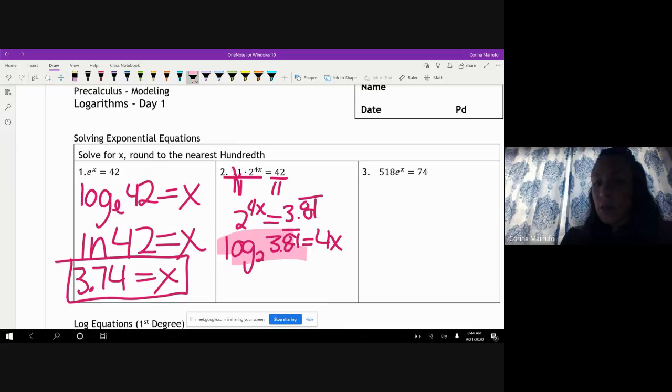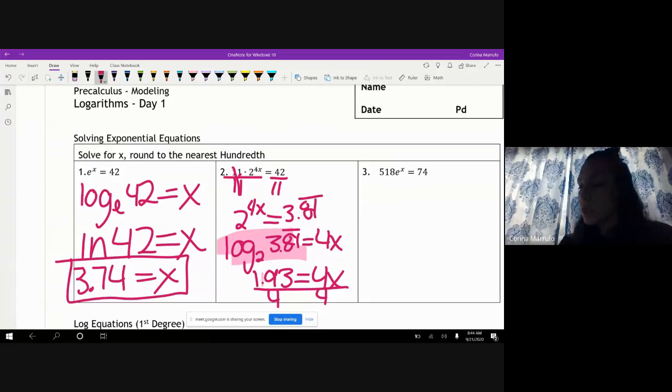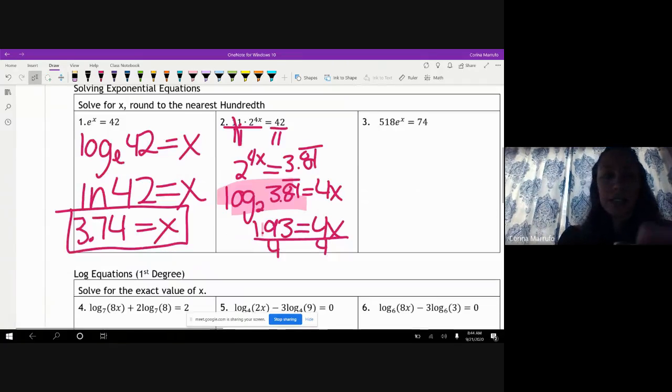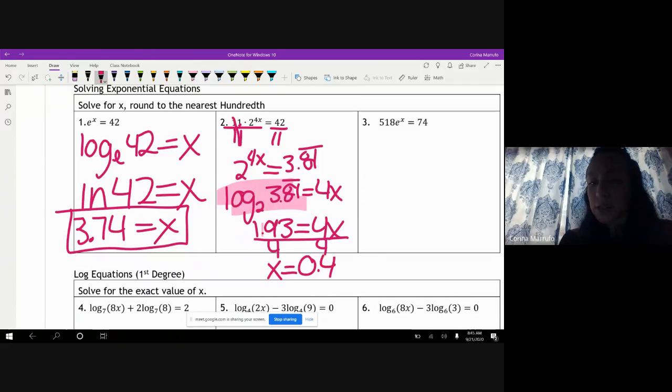And that gives us 1.93 equals 4x. Our last step to solve for x is to divide both sides by 4. What we do to one side, we have to do to the other side. And that gives us 0.48. We're rounding to the nearest hundredth, so that is 2 decimal places.